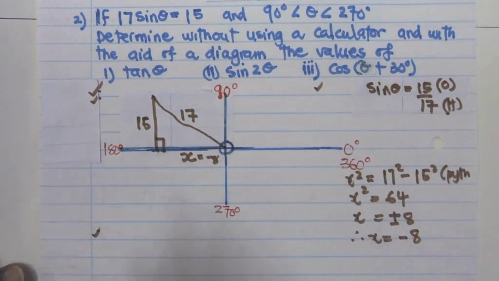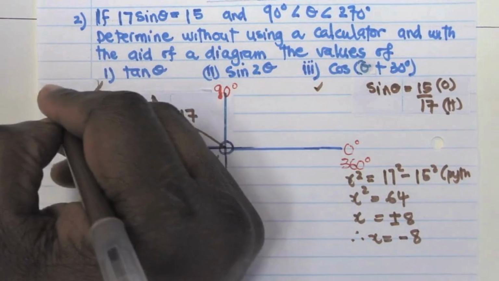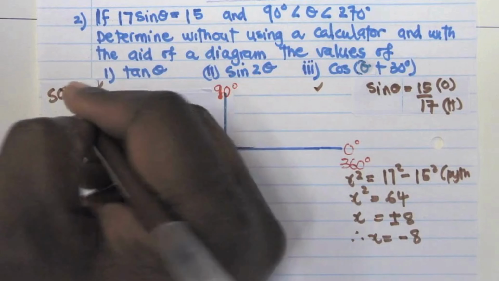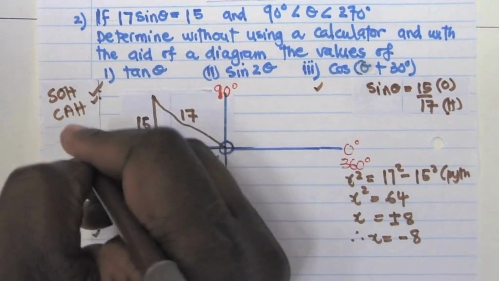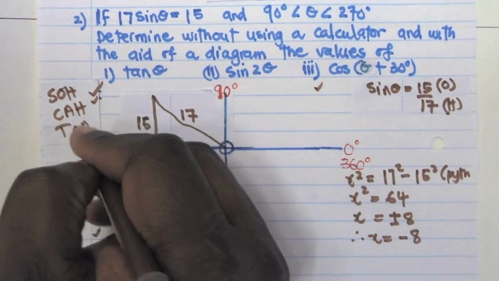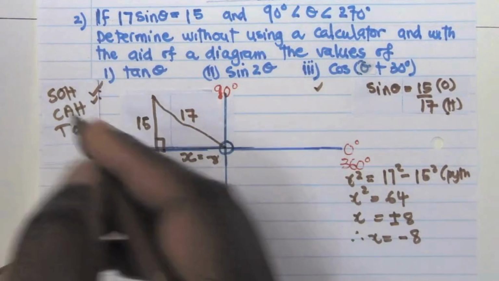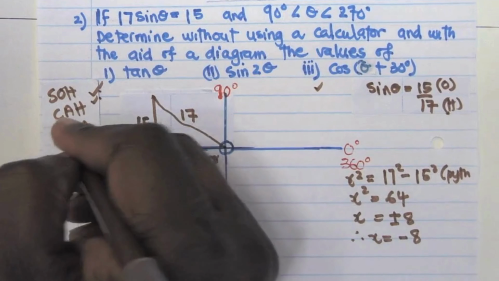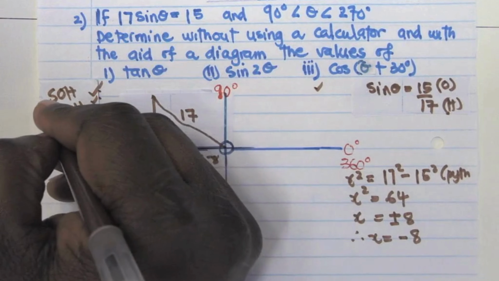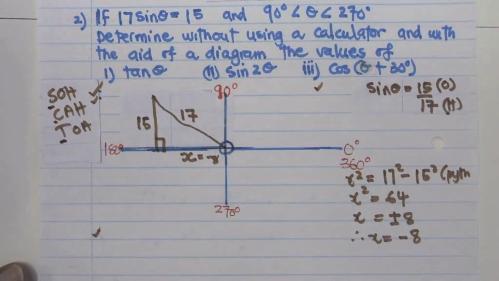And before I proceed, I need to write down the abbreviations. And these abbreviations are going to help me to do the question. This one is tan, this one is cos, and then the first one is sine.